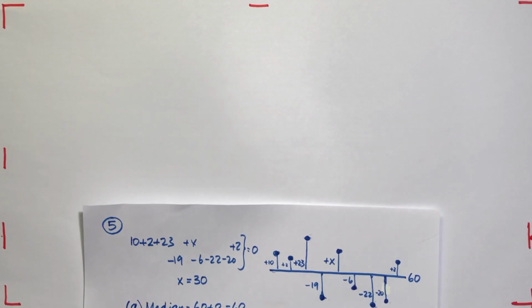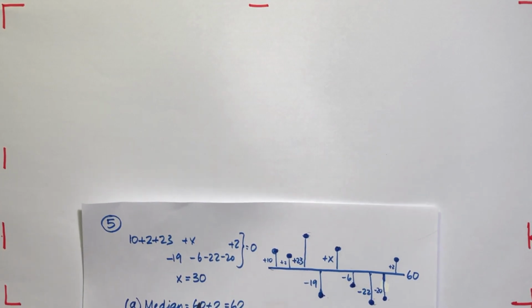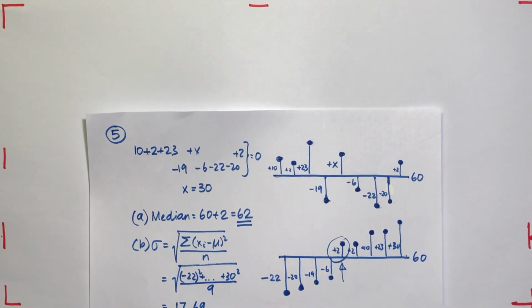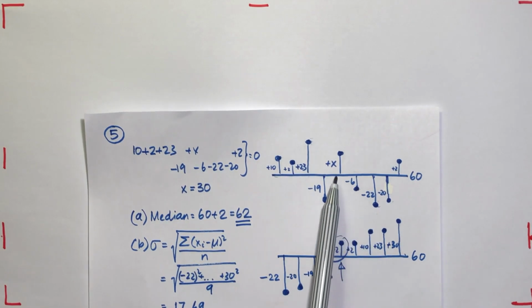Continuing from earlier, having calculated that x equals 30, we can now rearrange all these marks in increasing order from the smallest to the highest. And in the exam, of course, you would just write down the numbers, but we've drawn this out here just for clarity. So the median is just the mark in the center position.